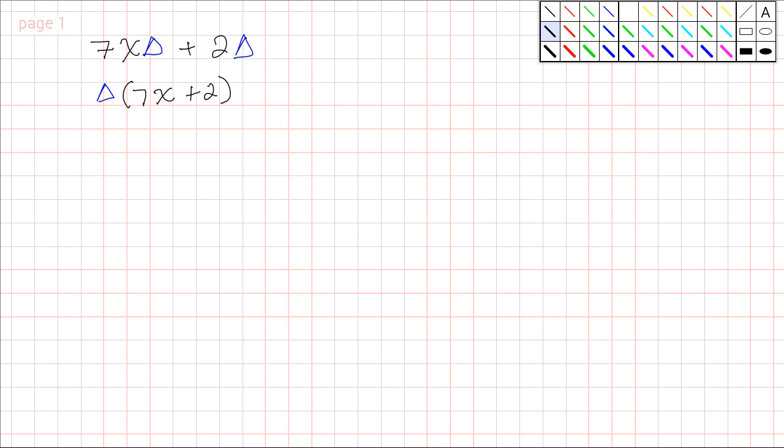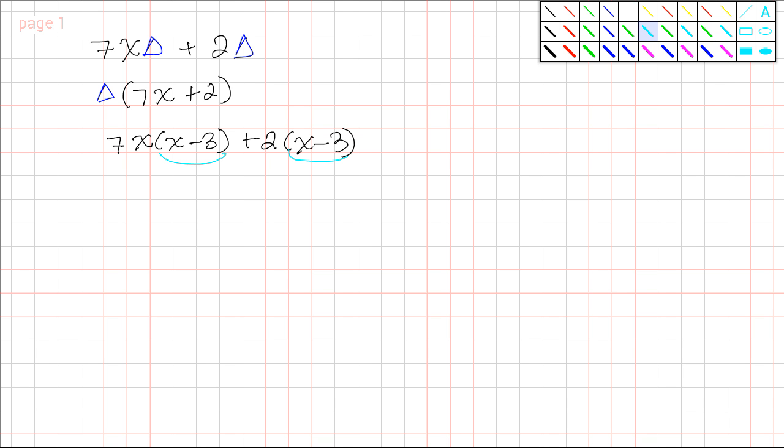Now, in a similar manner, if I had 7x times x minus 3 plus 2 times x minus 3, you will see that the triangle is now x minus 3. So in this case, it means that x minus 3 is what these two terms in this expression have in common.